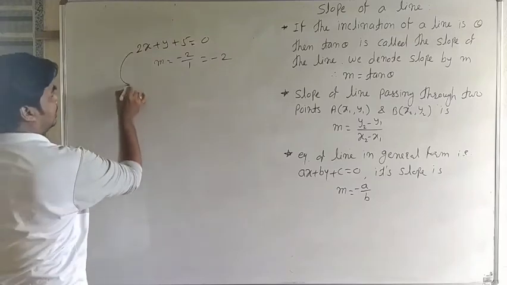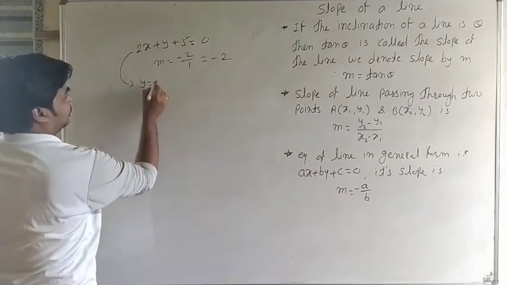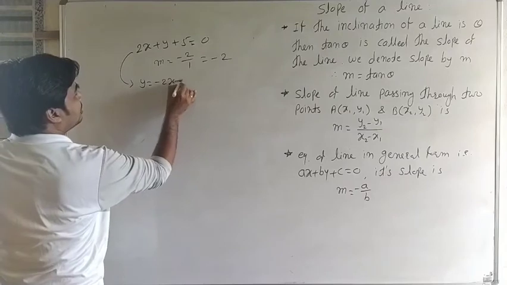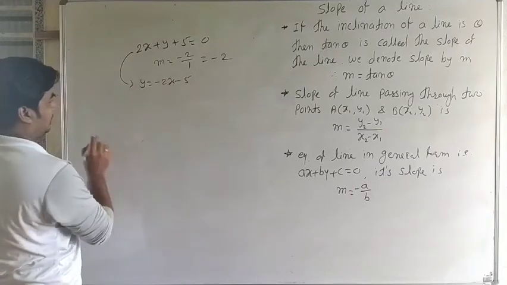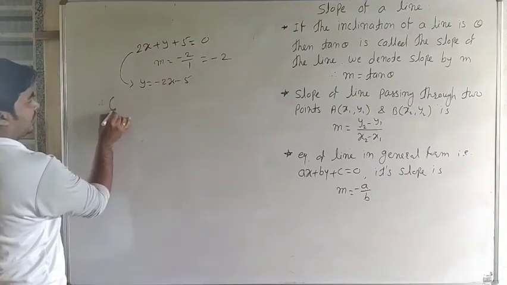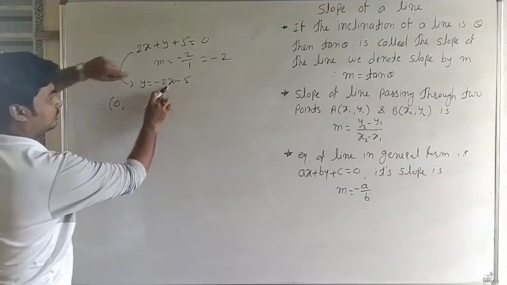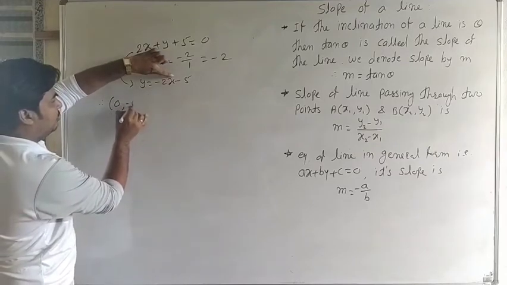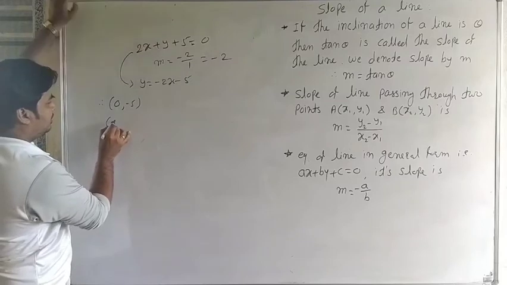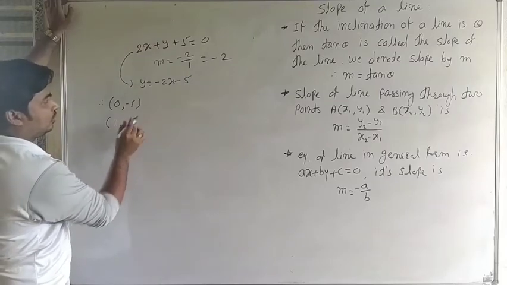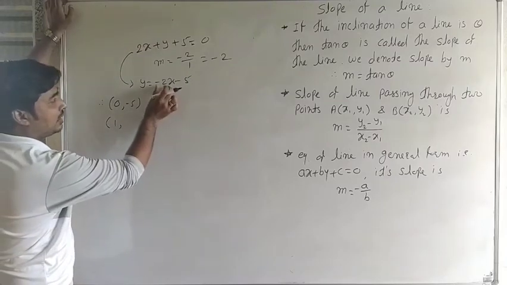Therefore see carefully, it is y is equal to -2x - 5. Okay, therefore the points are when x equal to 0, y is equal to -5. When x is equal to 1, it is -2.